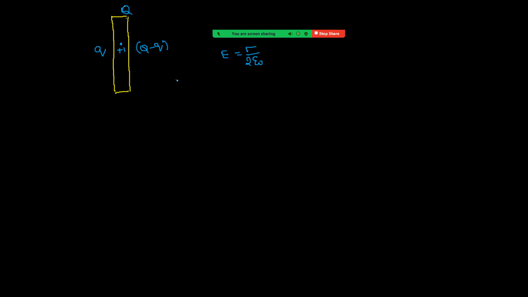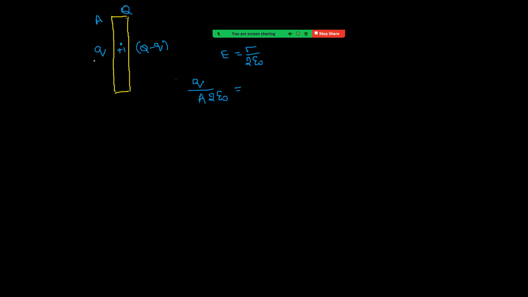So sigma, if the surface area equal to A, on one side, okay, area equal to A. Now take this relation, sigma means q by A, sigma by 2 epsilon naught.